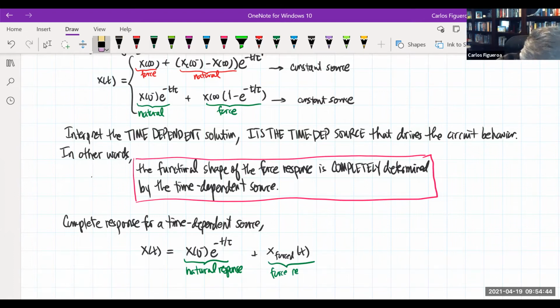You know, I should be a little bit more careful. I shouldn't put a d there. This is our force response.